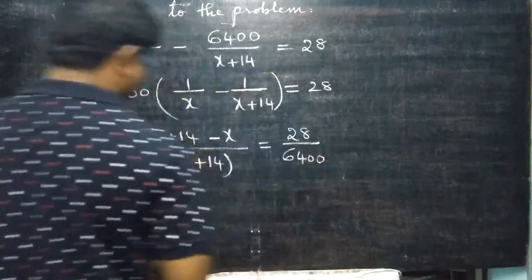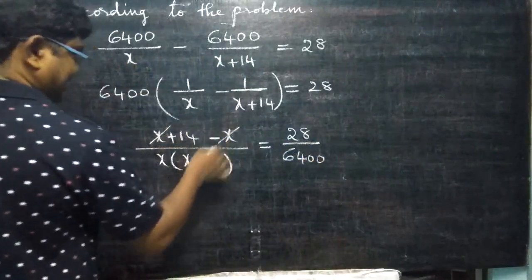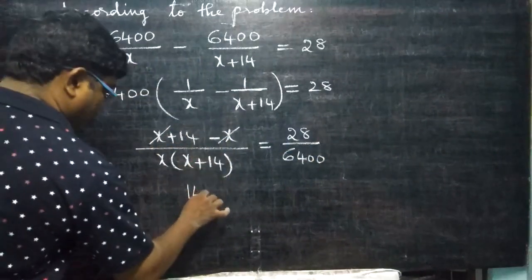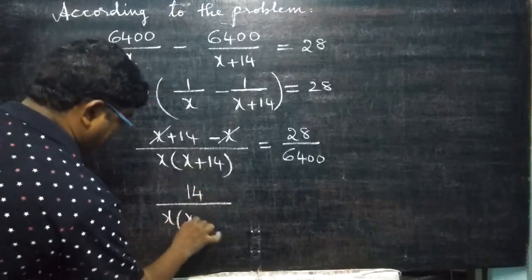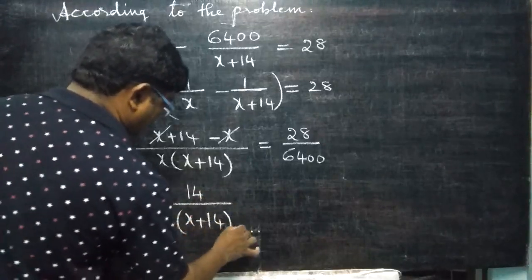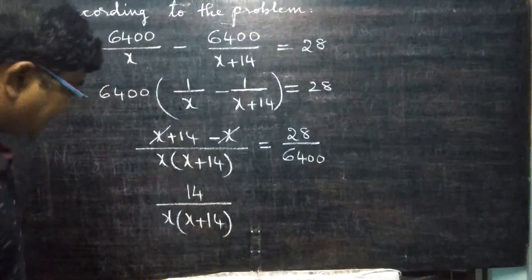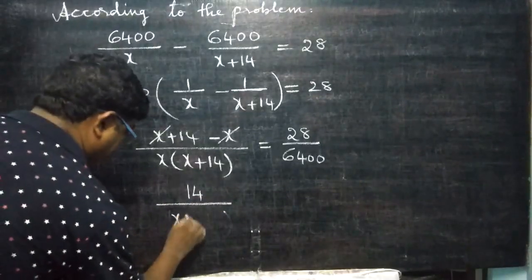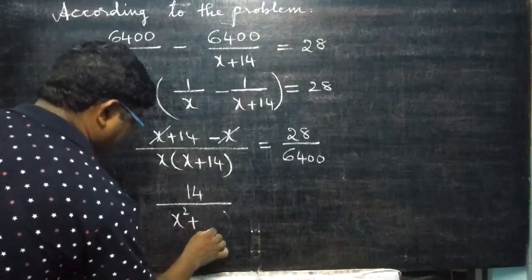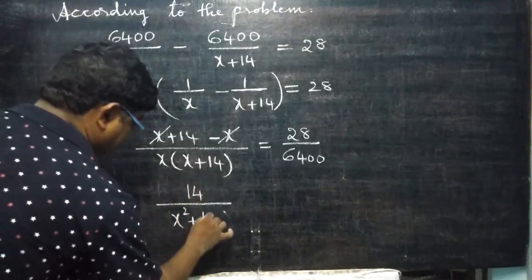Numerator: plus x minus x cancel, 14 by x into x plus 14. Or otherwise we will multiply: x square plus 14x.